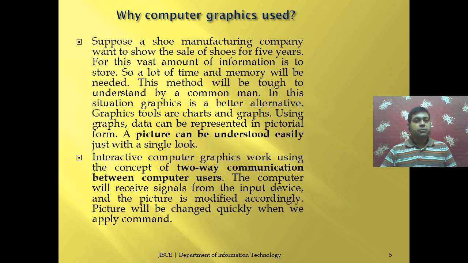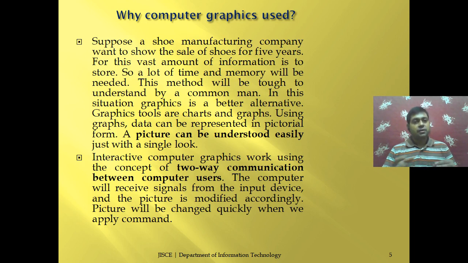Now, why is computer graphics used? There is a long list to understand why it is used. In short, a picture can be understood easily, representing many words or lines of text in a single picture, so it is easily understandable.